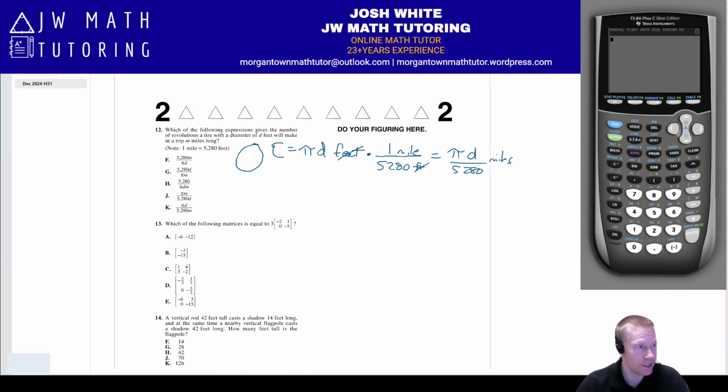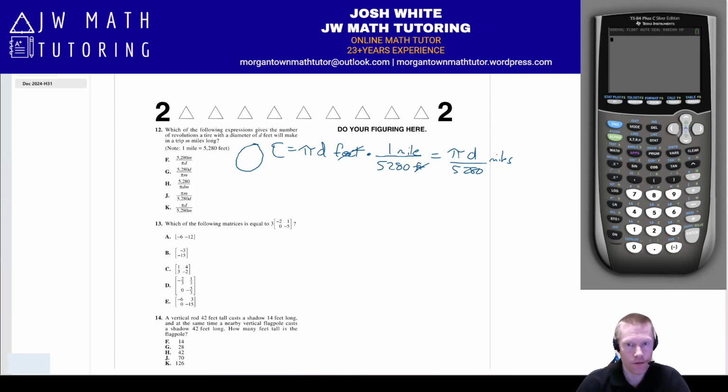So this is the number of miles in 1 revolution of the tire, one rotation all the way around 1 time. Here's the problem though. What they're asking for is the number of revolutions. So we need to do a unit conversion, and we need to end up with revolutions as our final unit, and we need the miles to cancel out.